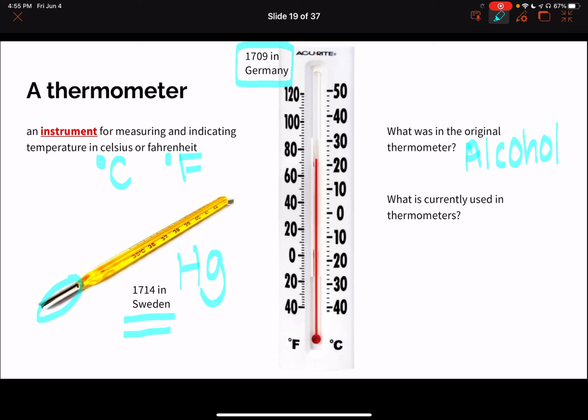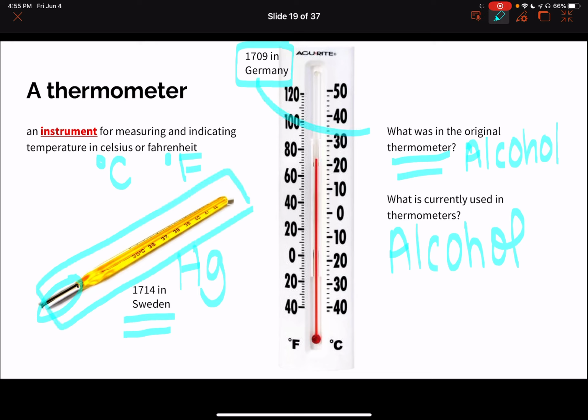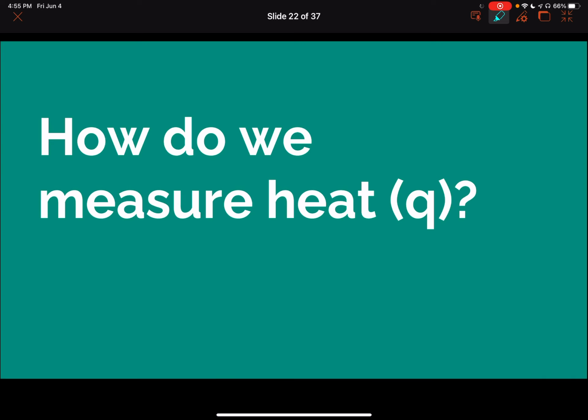Now they've been phased out because of the hazards with mercury, to use this alcohol-based one. So alcohol was actually the first or original thermometer in 1709 with Fahrenheit in Germany. In very cold climates, you'll still see that they use a mercury thermometer because it's more accurate than alcohol for those lower temperatures.